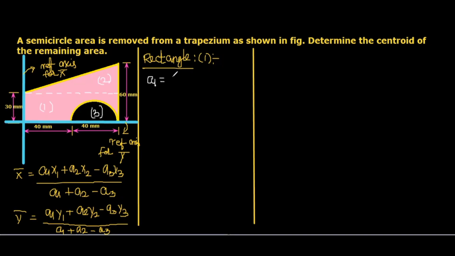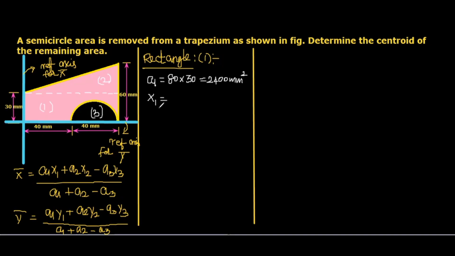So the horizontal dimension 80 multiplied with the vertical dimension 30. When you multiply these two, we will get 2400 mm square.